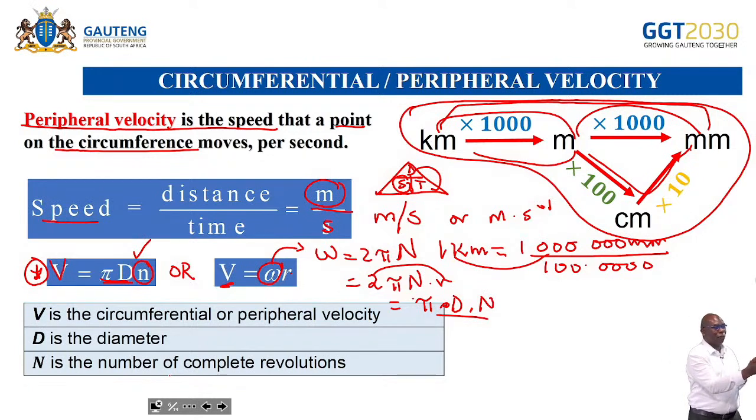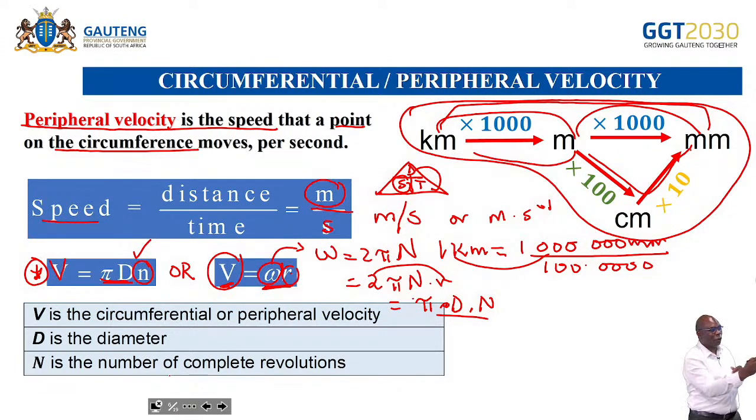When I'm using that formula, it is when angular velocity is given. I know my angular velocity, so what do I need? I need my circumferential velocity, but then I've got a radius for that matter. Remember on the video that we had a radius being given, and I have the angular velocity of the grandma.